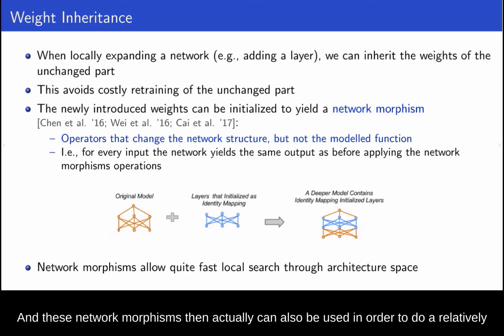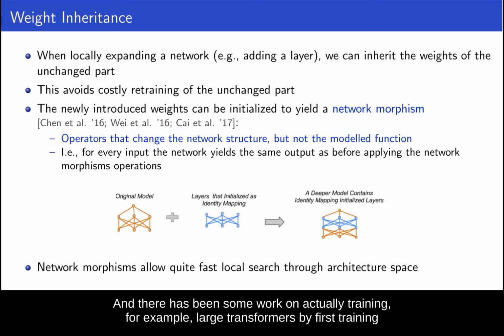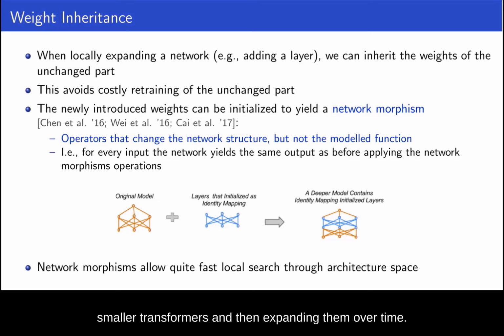And these network morphisms can also be used in order to do a relatively fast local search through the architecture space. And there has been some work on actually training, for example, large transformers by first training smaller transformers and then expanding them over time.